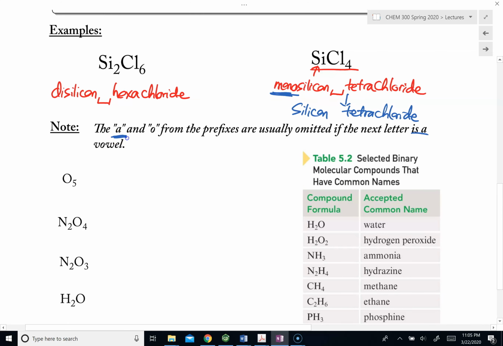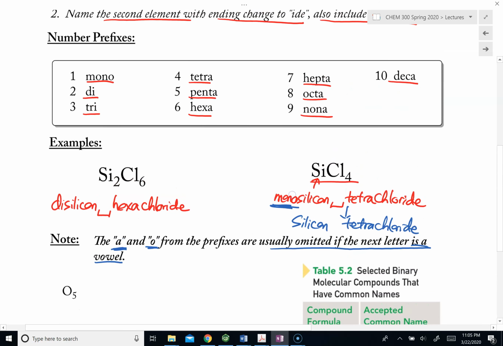The A and the O from the number prefixes are usually omitted if the next letter is a vowel, because we see above that many of the number prefixes have A and O in them. A lot of the time, this A and this O are omitted to make it easier to pronounce the name.